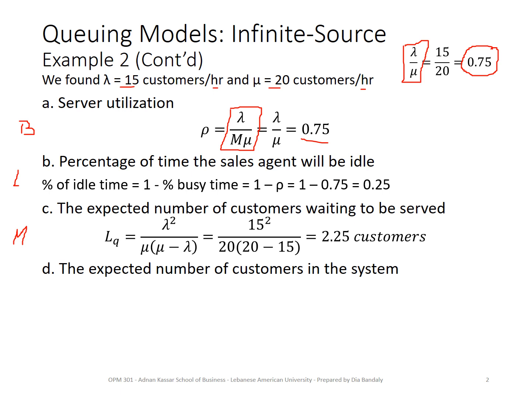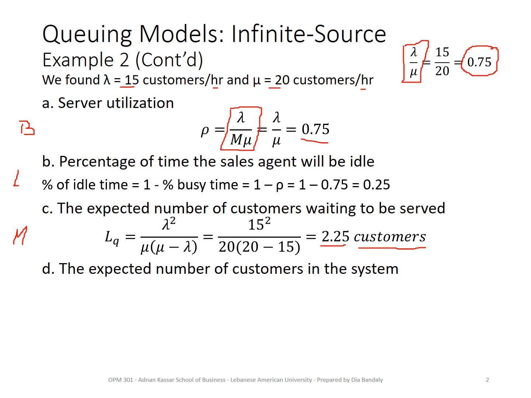Everything is given to us, so we get 2.25. Also, as discussed before, please always give a unit to your measure. Here we have 2.25 customers. It makes sense to leave it like that, because on average we have 2.25 customers waiting in line. Sometimes we have 2, sometimes 1, sometimes no one, sometimes 5. On average 2.25. Never round; let's always keep 2 decimals.